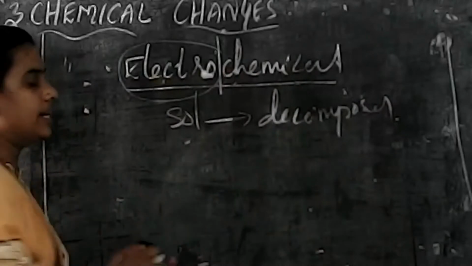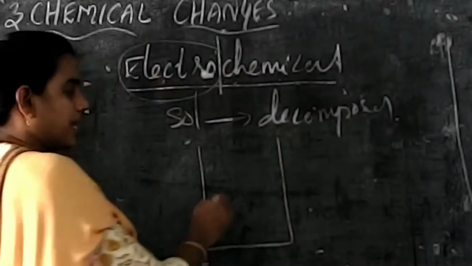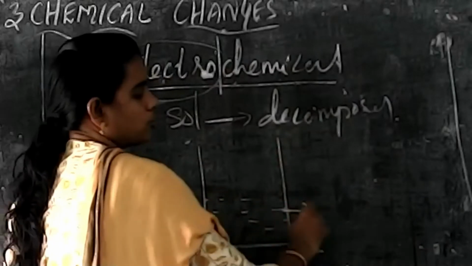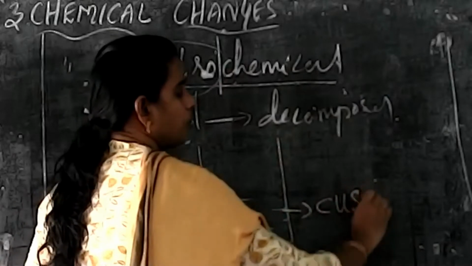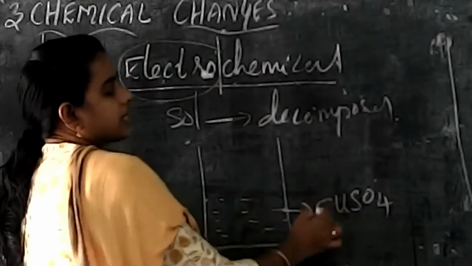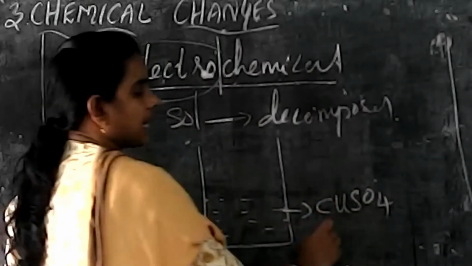Here we are taking one beaker. In that beaker, take some amount of copper sulfate solution, CuSO4. These are new terms, so listen carefully. CuSO4, copper sulfate solution. Its color is blue.